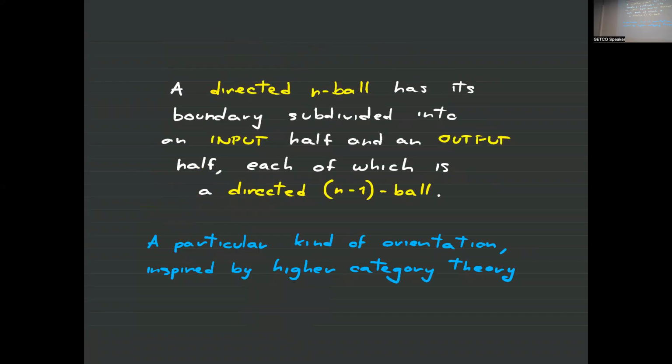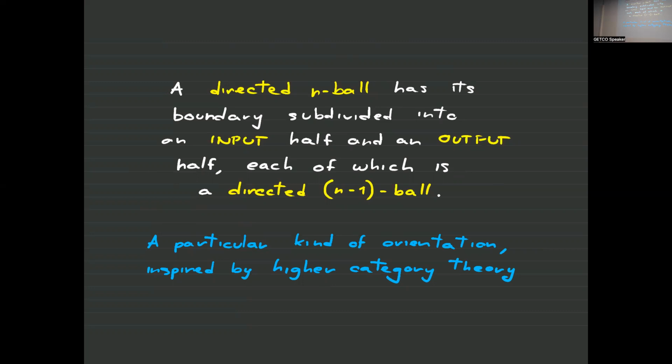So the directed n-ball is an n-ball with its boundary subdivided into one hemisphere, which you see as the input half, and another half which you see as the output half, each of which is in turn a directed (n-1)-ball.